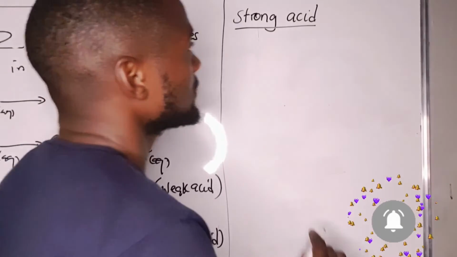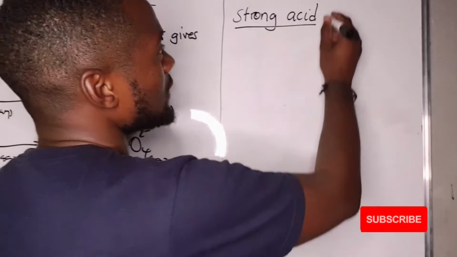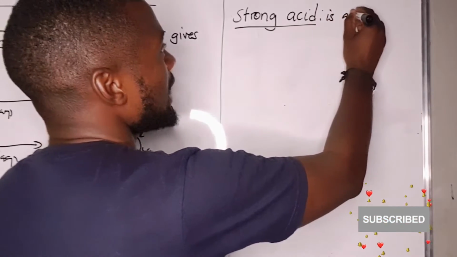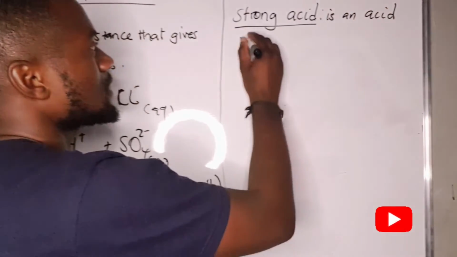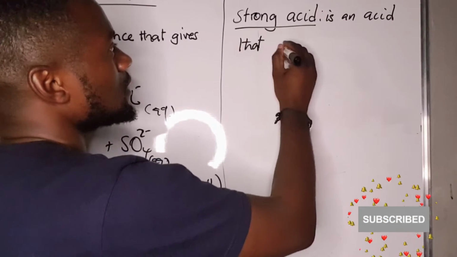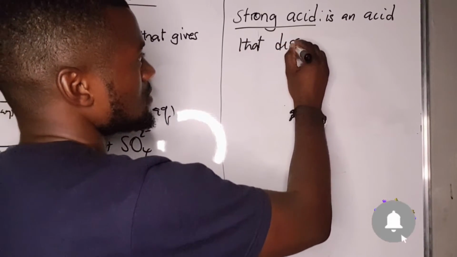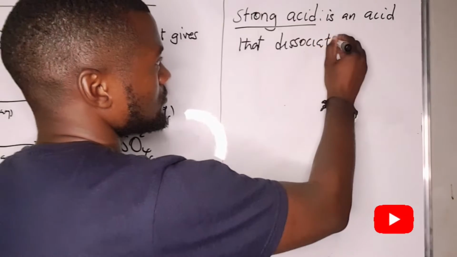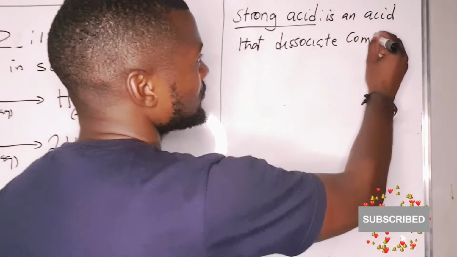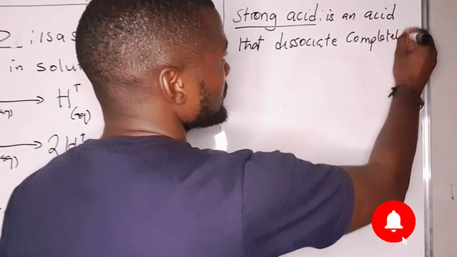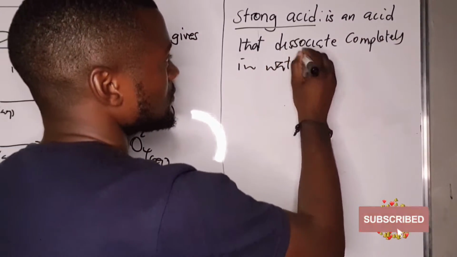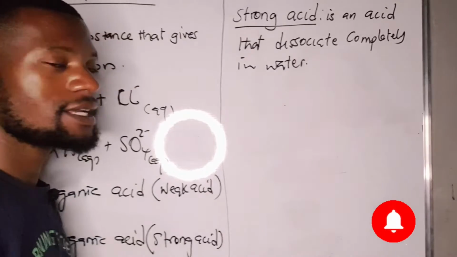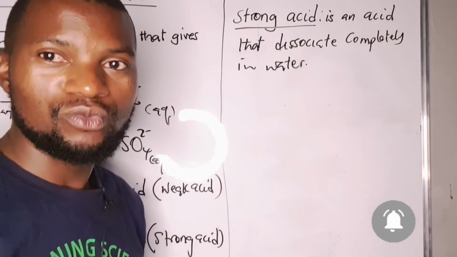A strong acid is an acid that dissociates completely in water. It's an acid that completely ionizes in water.